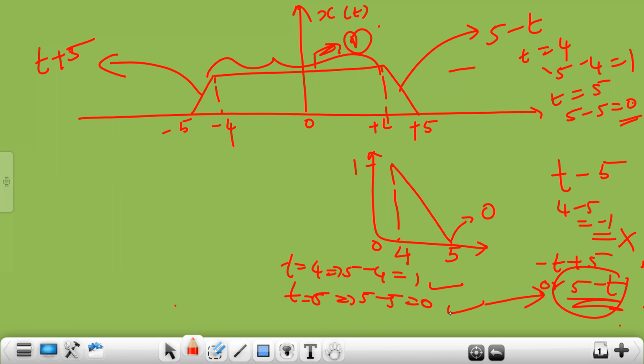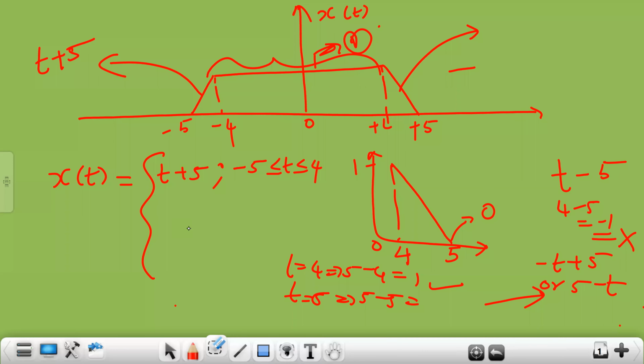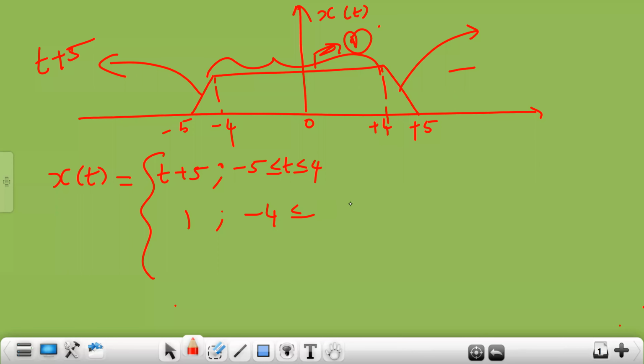Now is it clear? Yes, sir. Now you will rewrite the equation. x of t is equal to t plus 5 for the time minus 5 less than t less than 4. And for the second case, you are having 1 for minus 4 less than or equal to t less than or equal to 4.